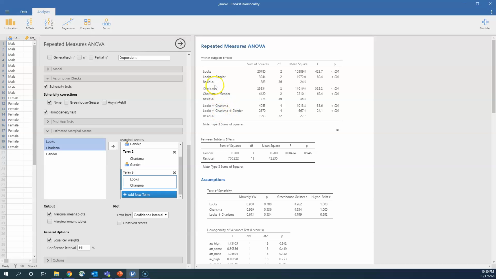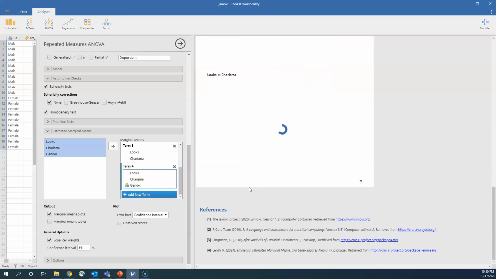Okay, we've looked at the interaction here that's two-way, this one that's two-way, this one that's two-way. The one that we have left is this three-way interaction, looks by charisma by gender. So in order to do that, we're going to highlight all 3 of these variables: looks, charisma, and gender. We're going to add a new term and then plop them over here on this side and see what this graph looks like.